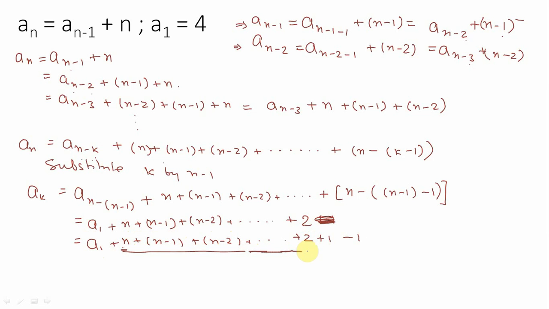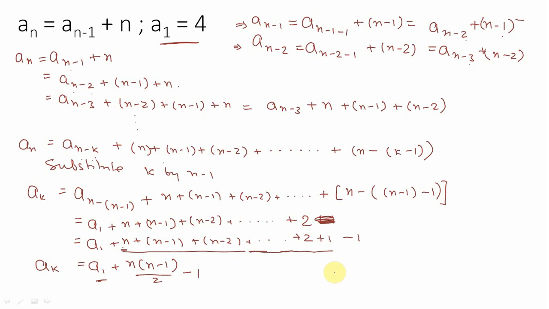This is the sum of n numbers, so it can be written as a1 plus n into (n-1) divided by 2. Remember, the sum of the n terms is n into (n-1) divided by 2, minus 1. So a_n is equal to a1 plus n into (n-1) divided by 2 minus 1. But a1 has been given to us in the form of the initial condition as 4.